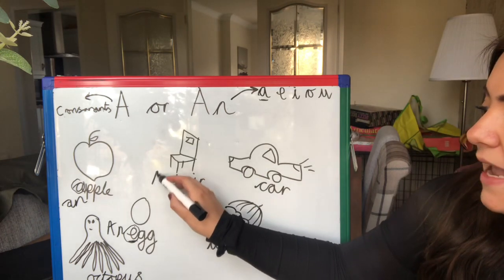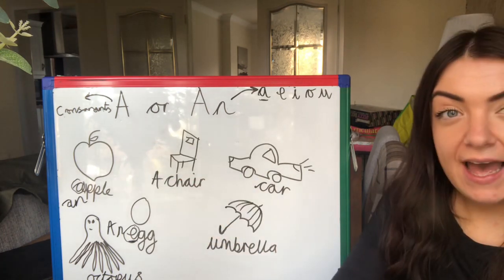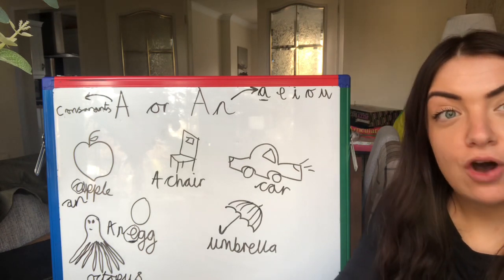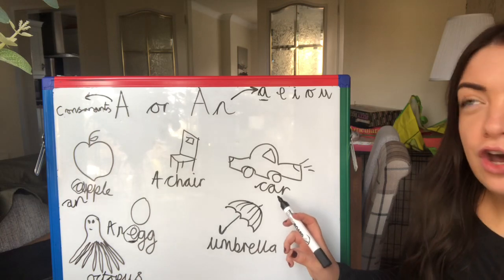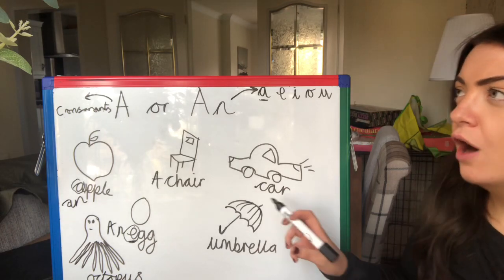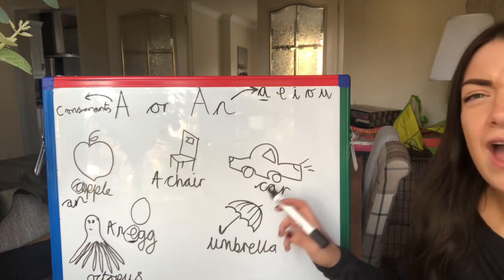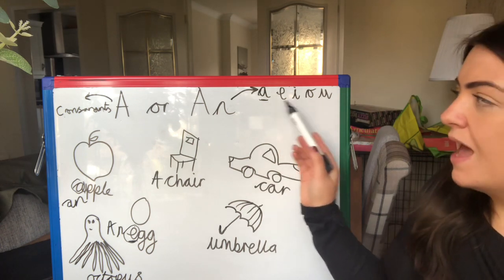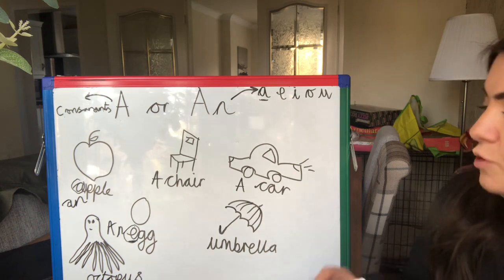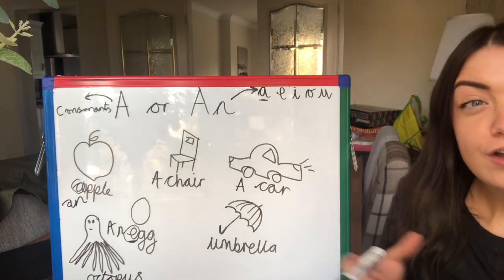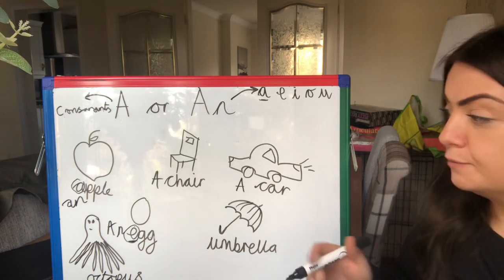No, it would be a chair. I sat on a chair. Car. Again, car. K-ar. I can hear that k sound. I don't think that that is a vowel, so I know that it would be a car. A car drove down the road.